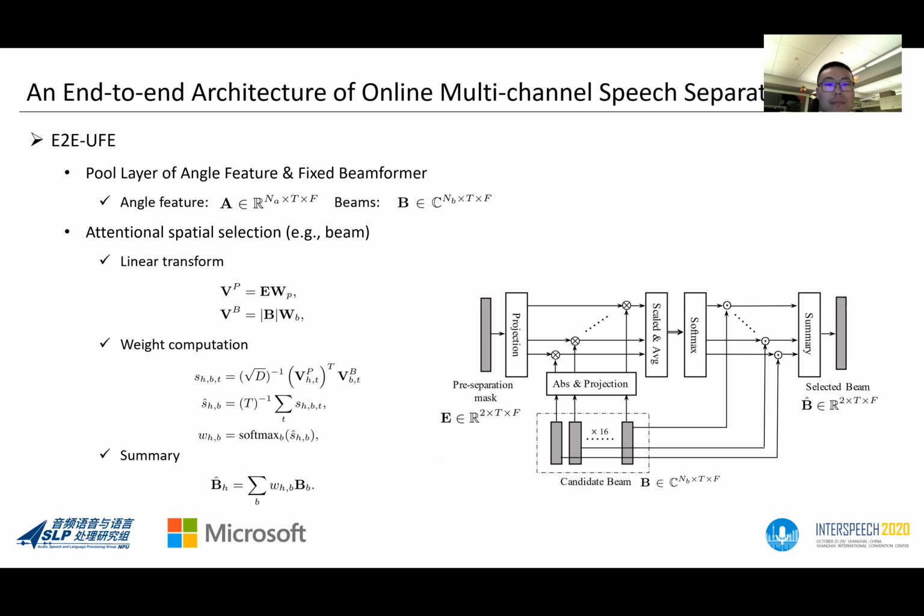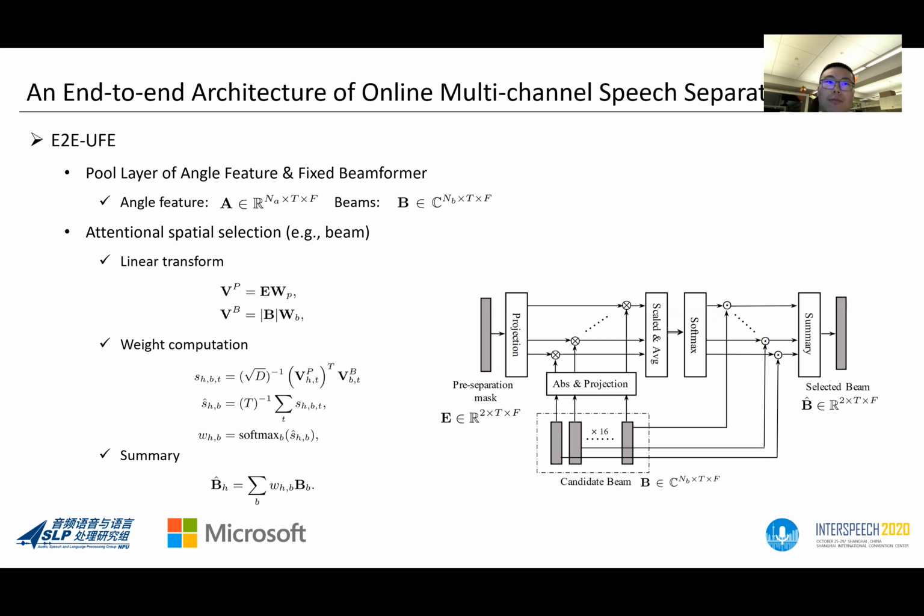The idea of such attentional selection is very straightforward, and here we use beam features as an example for illustration. First, the pre-separation mask E and the set of beam features B are projected using two linear layers. VP and VB are projection layers that convert the pre-separation mask and the beams into the same dimension D. Then a pairwise similarity matrix is defined between each frame in VP and VB using the scaled dot product distance.